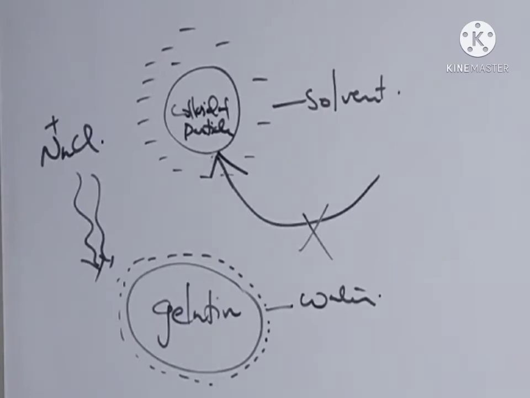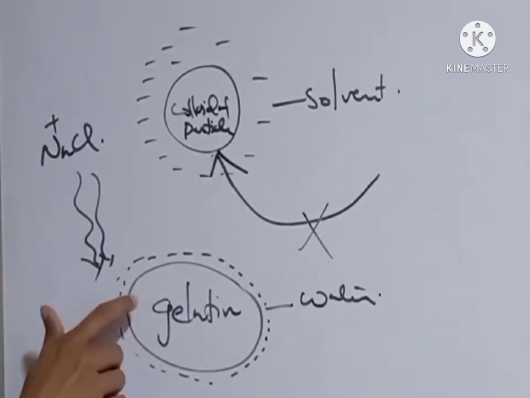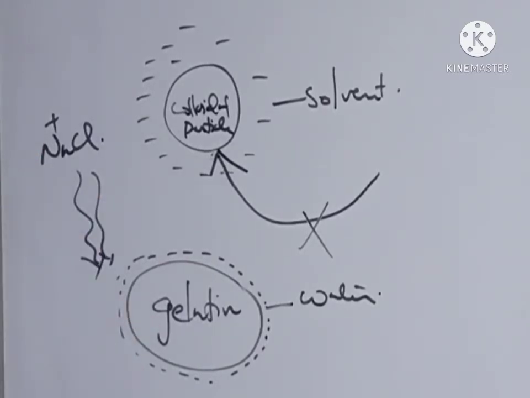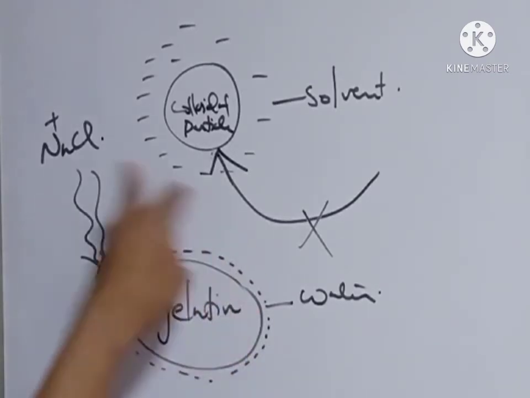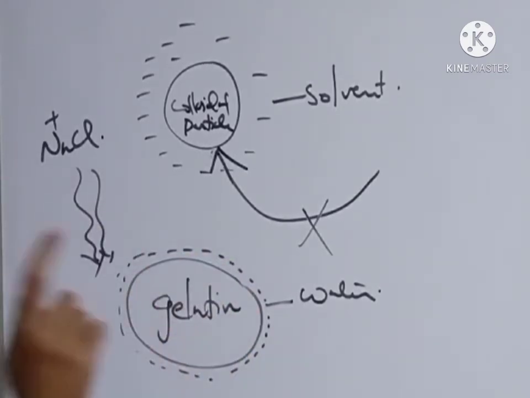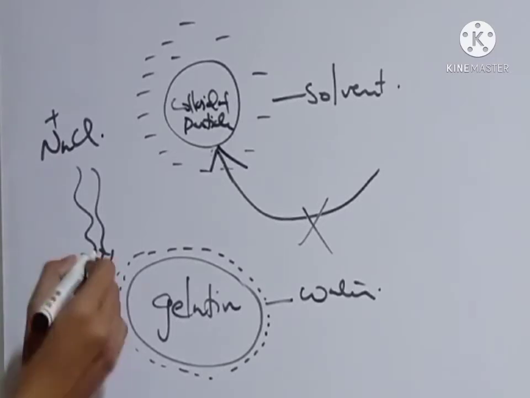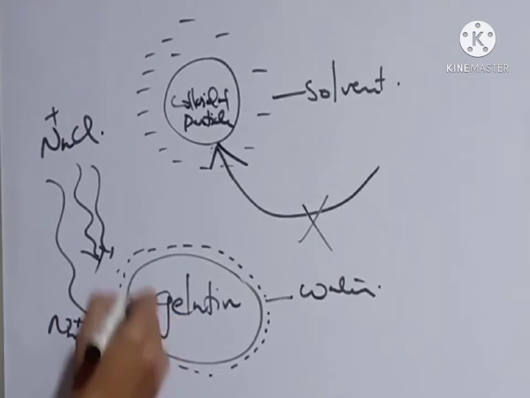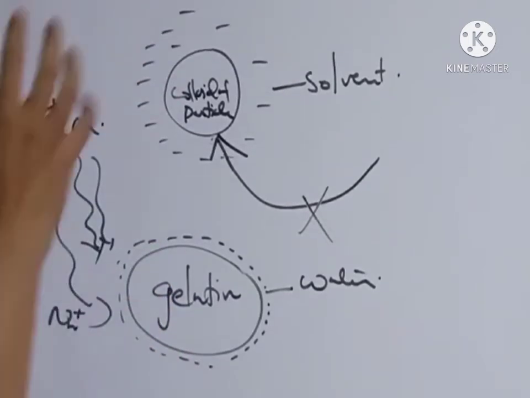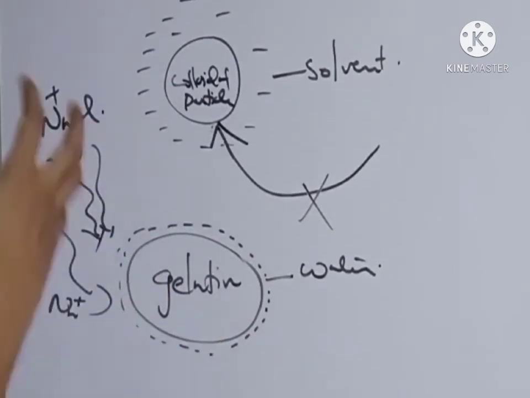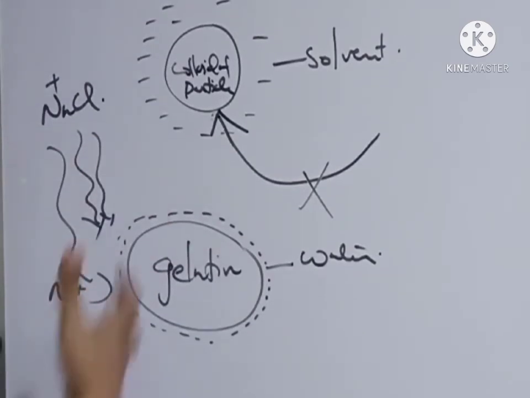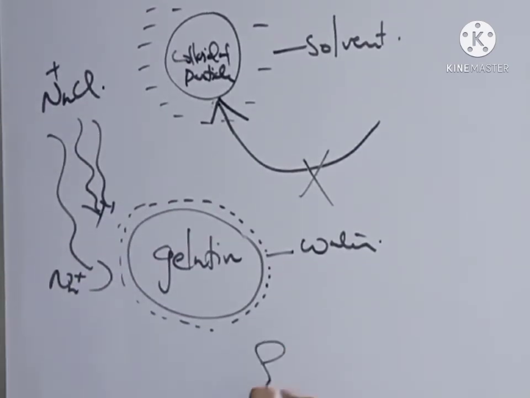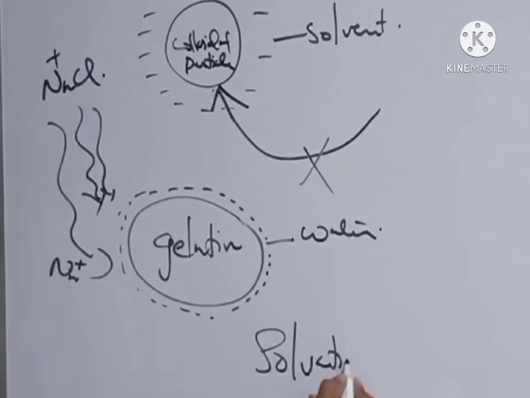If Na+ ions interact with the gelatin, then it will coagulate. But the solvent layer present on the surface of the gelatin particles will prevent the interaction of Na+ ions with the gelatin. And the process of formation of a solvent layer on the surface of the colloidal particle is known as solvation.